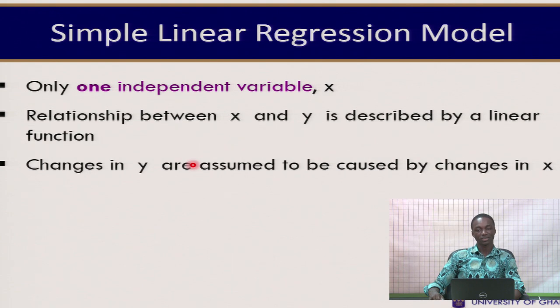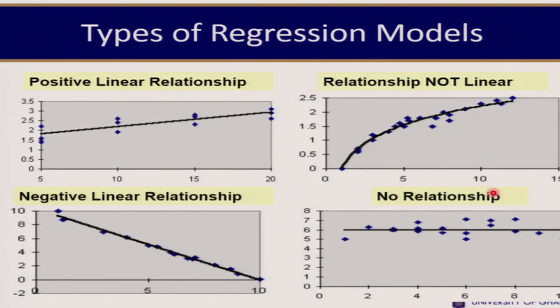We believe that here there are some levels of causality, and hence changes in the dependent variable are assumed to be caused by changes in the independent variable x. These are various types of regression models. You can have a positive linear relationship, a negative linear relationship, a relationship that is not so linear, and no relationship at all.